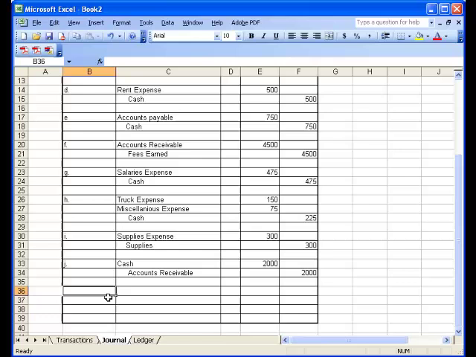And then finally, transaction K says that the owner withdrew cash for personal use, $600. Again, the answer to the cash question is yes, it does involve cash, but this time from a business perspective, we are giving cash, which means it's a credit. And so I'm going to go ahead and enter that down here, the $600 credit to cash. And so my debit account that goes along with this, anytime the owner takes money from the business, it's called a draw.